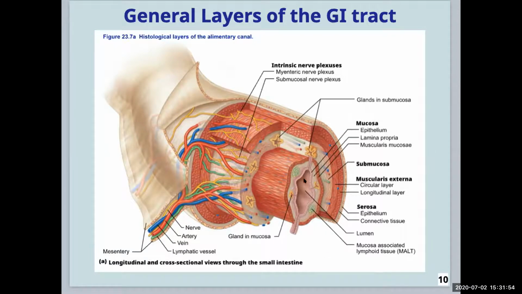The innermost layer that faces the lumen directly is known as the mucosa. Mucosa is the mucous membrane and the innermost layer of your GI tract.